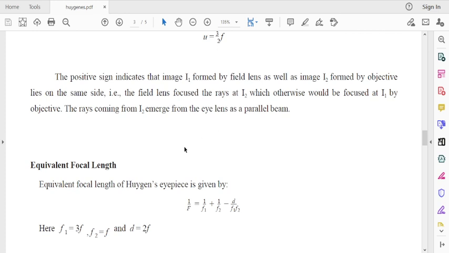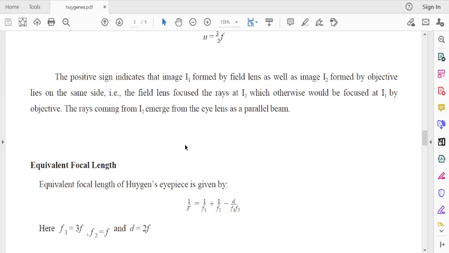If capital F is the equivalent focal length of the eyepiece, then it is given by 1/F equals 1/f1 plus 1/f2 minus d/(f1 f2).